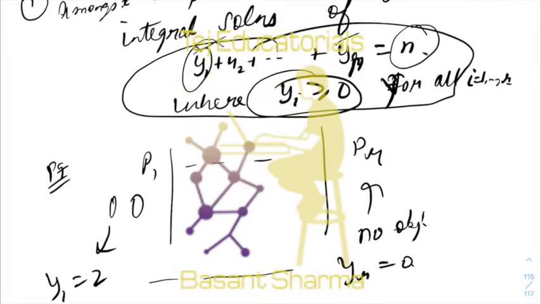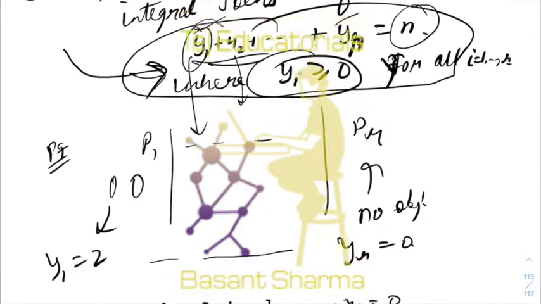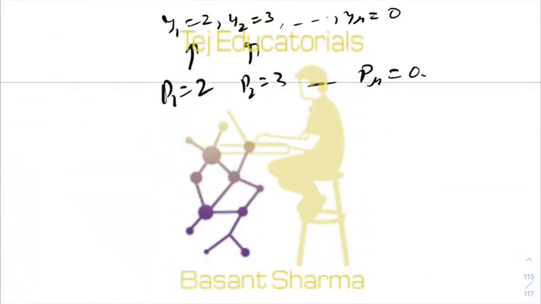That can be captured by the number of non-negative integral solutions of this equation, because in every solution of this equation the only thing that matters is what value y1 gets, what value y2 gets. It does not matter which objects each person gets, this information is not included in this equation, because all objects are anyways alike. Okay, so this concept should be very clear.